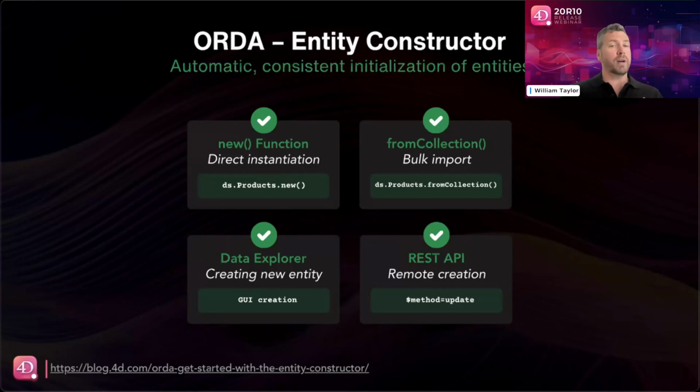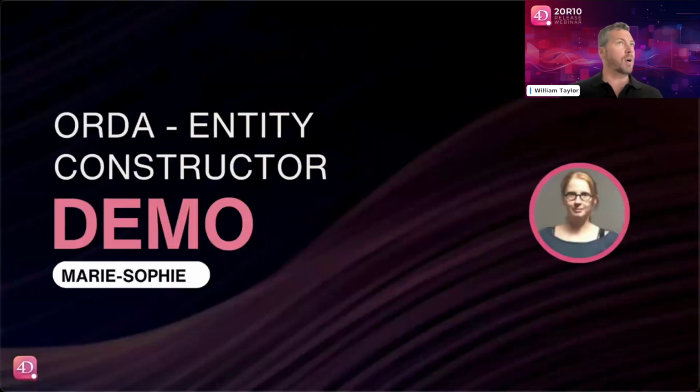When someone creates a new record in the Data Explorer, or even when a client app creates data remotely through REST. And to show you how all that works, there's a really succinct demo that I'd like to show you right now, brought to you by Marie-Sophie.